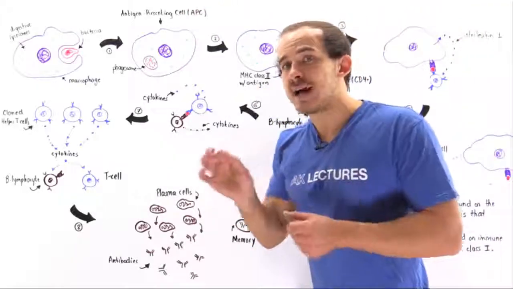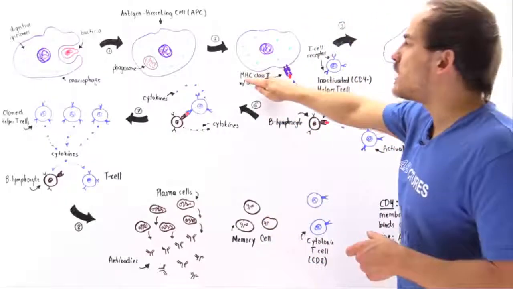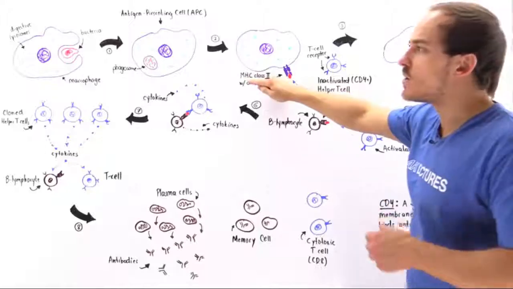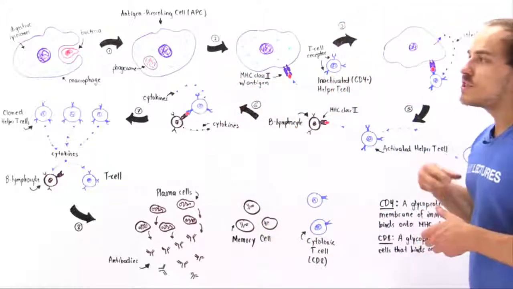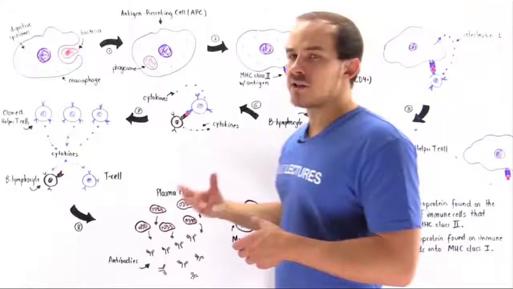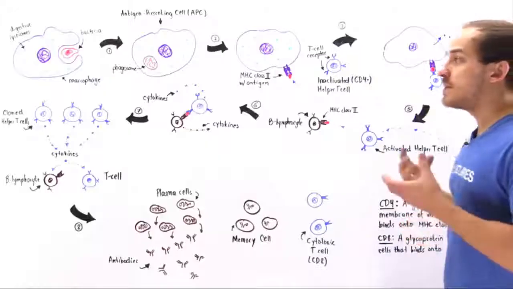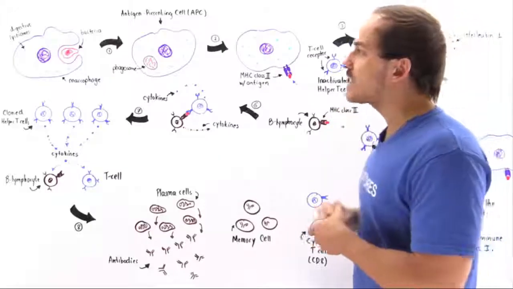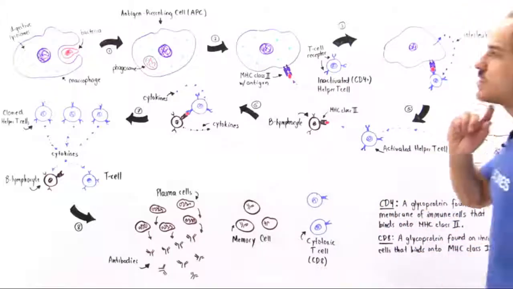But it places it onto a special type of complex of proteins known as MHC, which we spoke about previously. Recall that MHC stands for the major histocompatibility complex, and this is a class 2 complex because it's used to actually communicate with other leukocytes, as we'll see in just a moment.